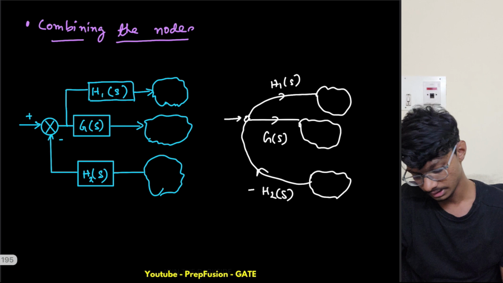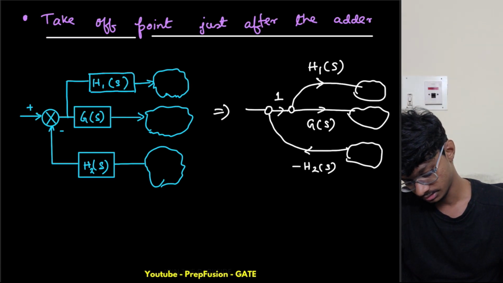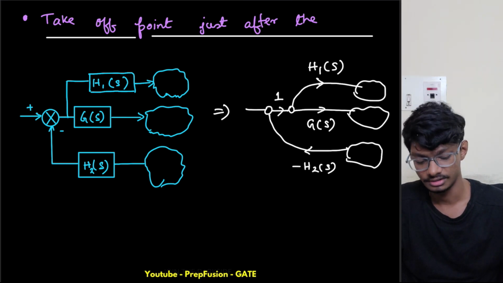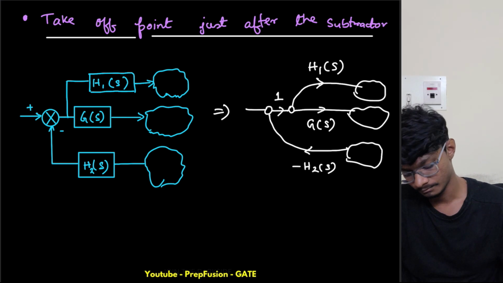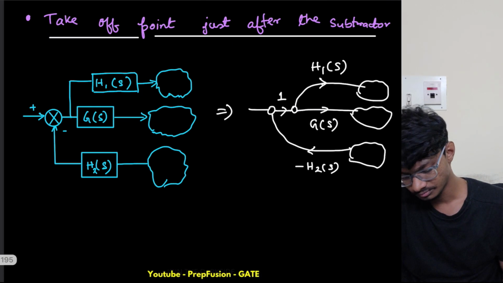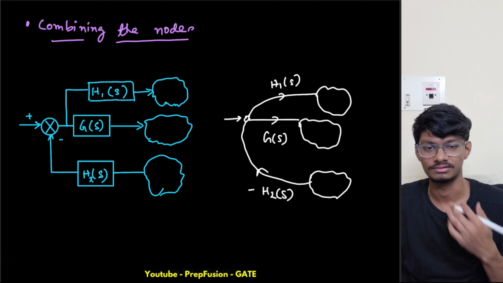One thing to note is that this is not an adder, actually this is a subtractor. So what I can write here is subtractor, just a terminology. I hope you already understood that. You can call it a summing point or a subtractor, whatever you want.